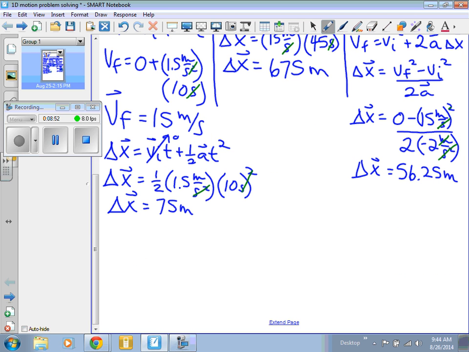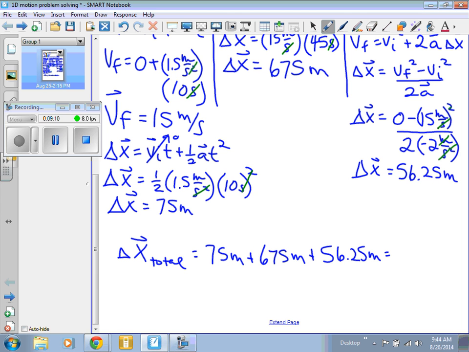All right, and then our last step is just to add them all together. So we have our total delta x is equal to 75 meters plus 675 meters plus 56.25 meters.